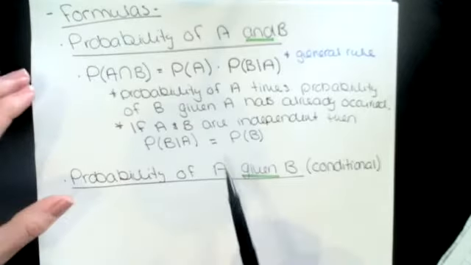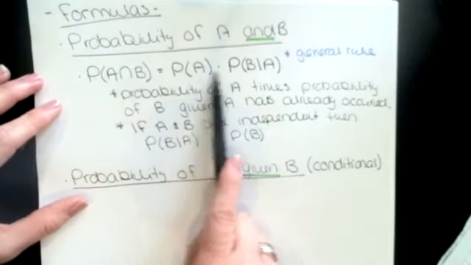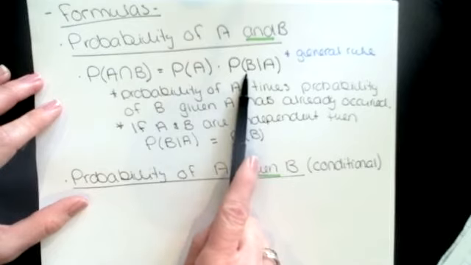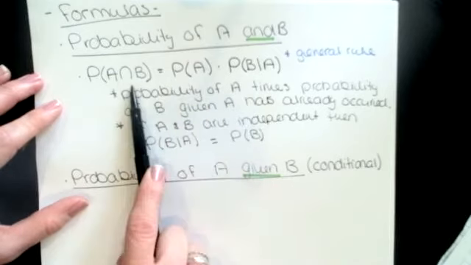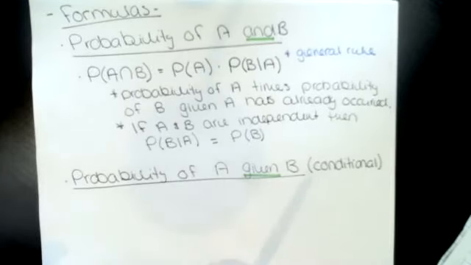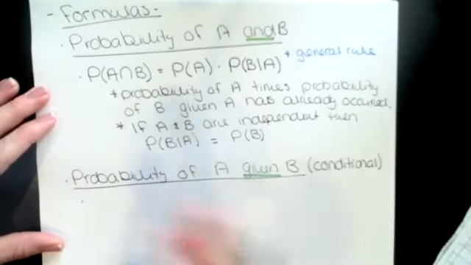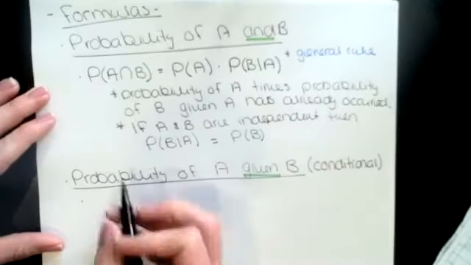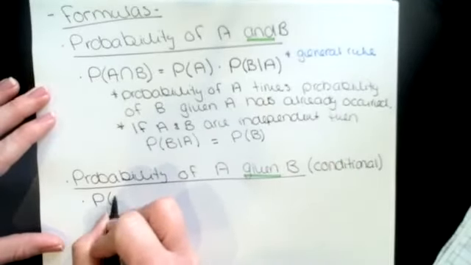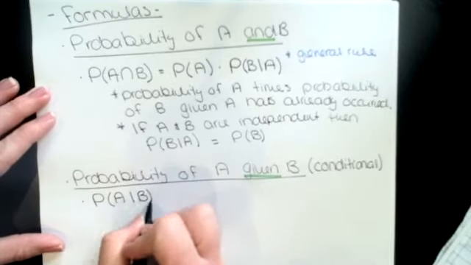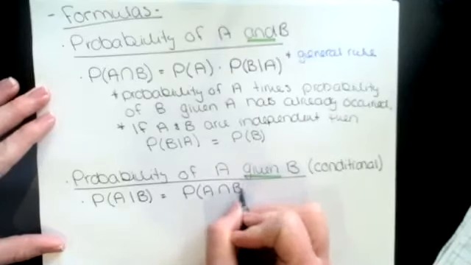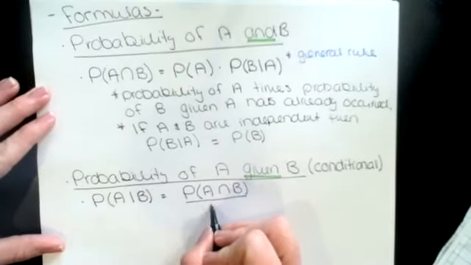My conditional probability relates directly to this formula up here for my A and B. I'm just going to solve for that conditional probability. I'm going to divide both sides by the probability of A. I don't want you to get confused by that, and some people do. So I'm going to write it in a different way with A and B instead of B and A. So the probability of A given B is equal to the probability of A and B divided by the probability of B.